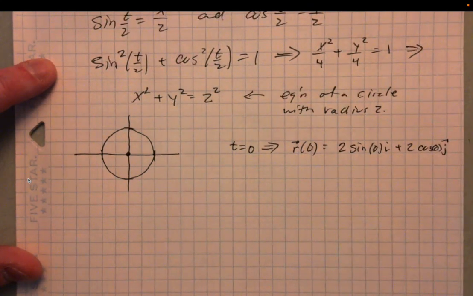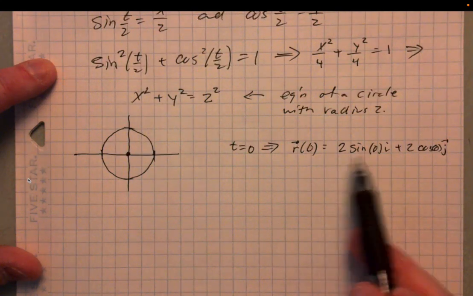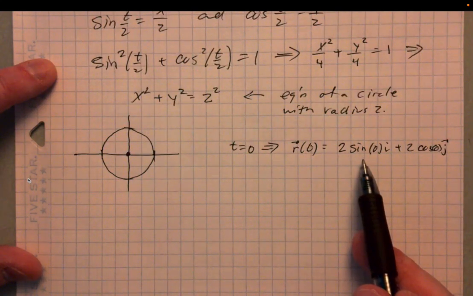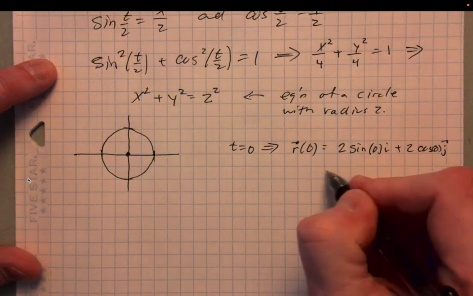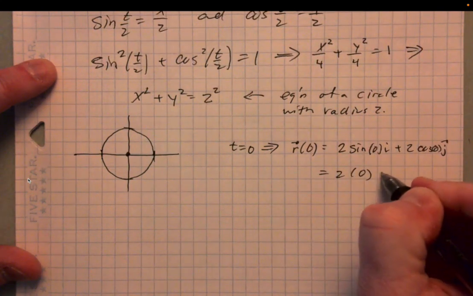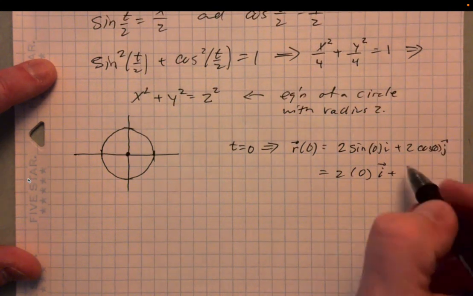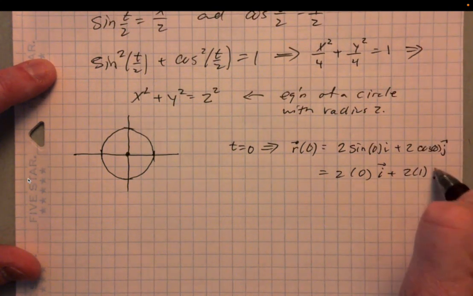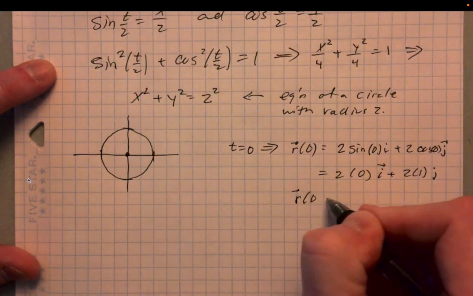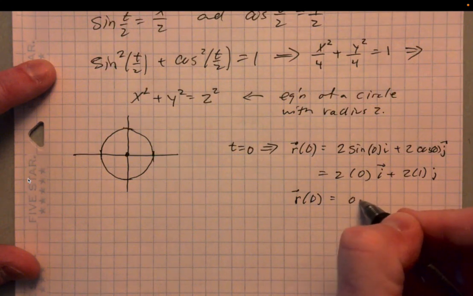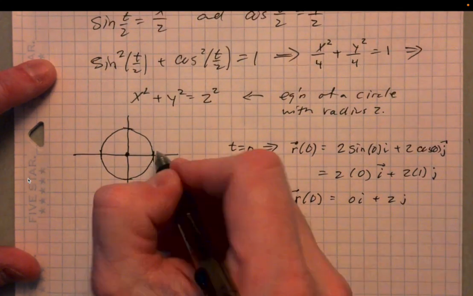Sorry, the sine of 0 is 0. So this is 2 times 0 times i, plus cosine of 0 is 1, so 2 times 1 times j. At time t equals 0, the position is 0i plus 2j. So that means it starts here.